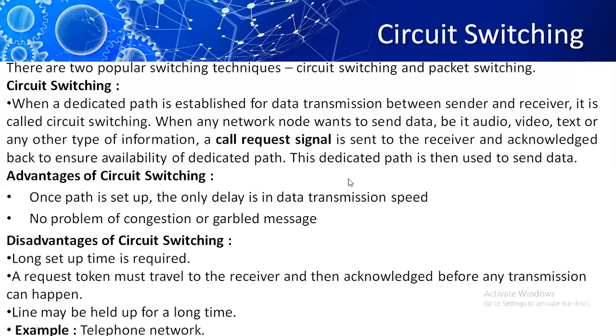The best example for circuit switching is the analog telephone network. In telephone networks, we communicate voice signals or voice data from sender to receiver.